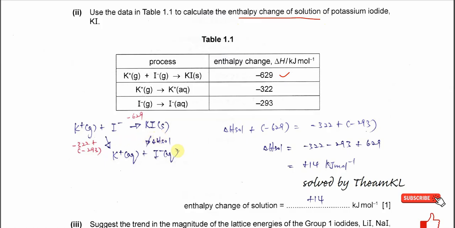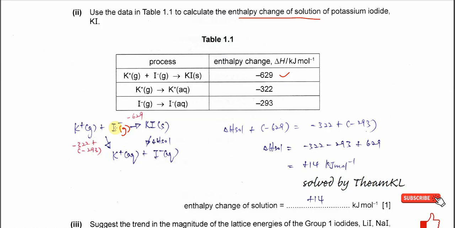It's better for you to construct the enthalpy cycle to calculate that more easily later. Without this is also okay. For this one, you need to know the potassium gaseous ion and the iodide gaseous ion.